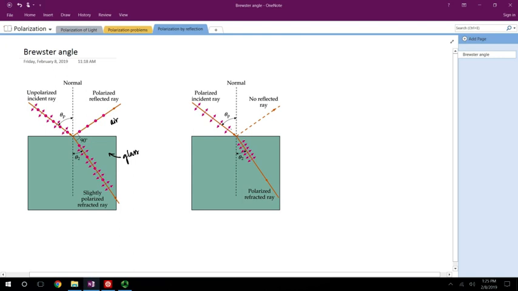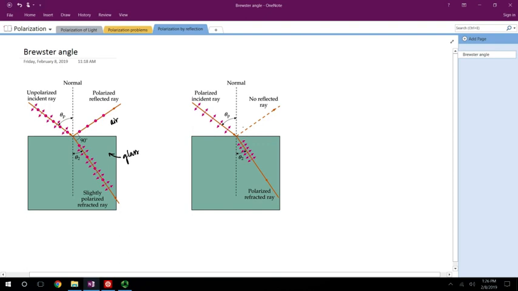Okay, so if I take an incident ray of light that is polarized, right, and that polarization is parallel to the plane of incidence, then the refracted ray is also polarized and there is no reflected ray. And this happens when the angle between the reflected ray and the refracted ray is exactly equal to 90 degrees.